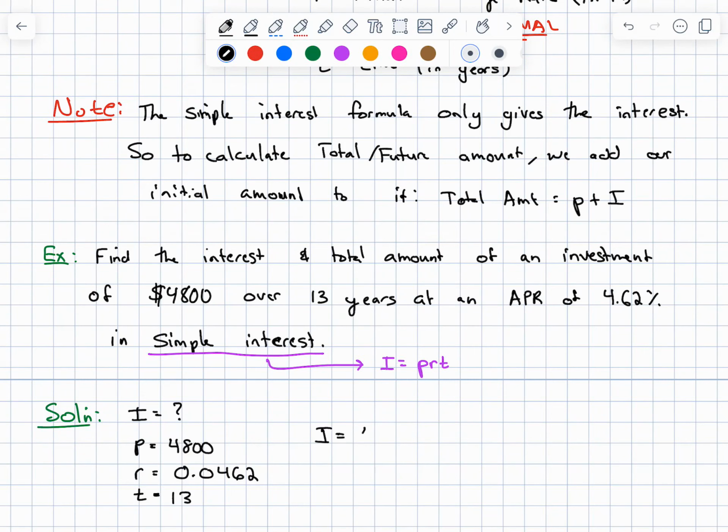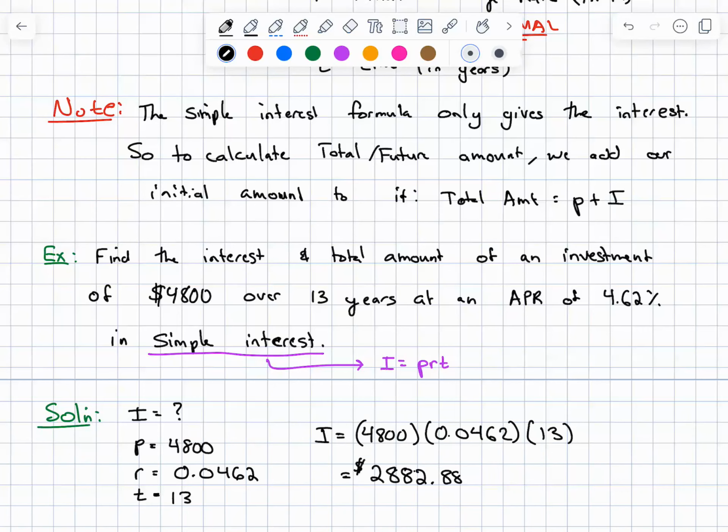So I is equal to PRT. That would be I equals 4,800 times 0.0462 times 13, which, if I use my calculator, is $2,882.88.